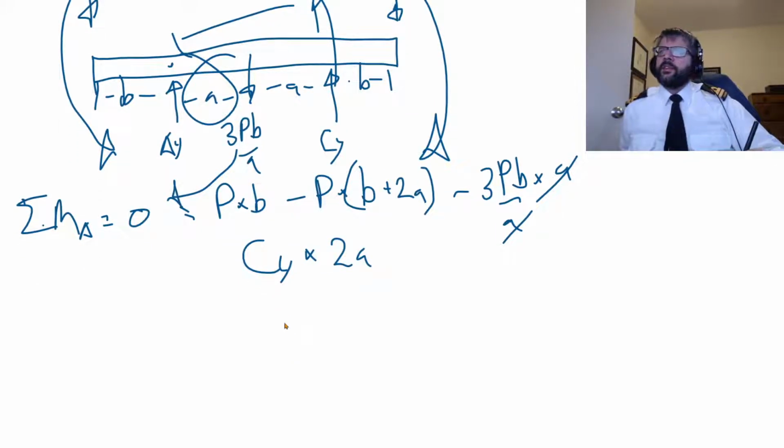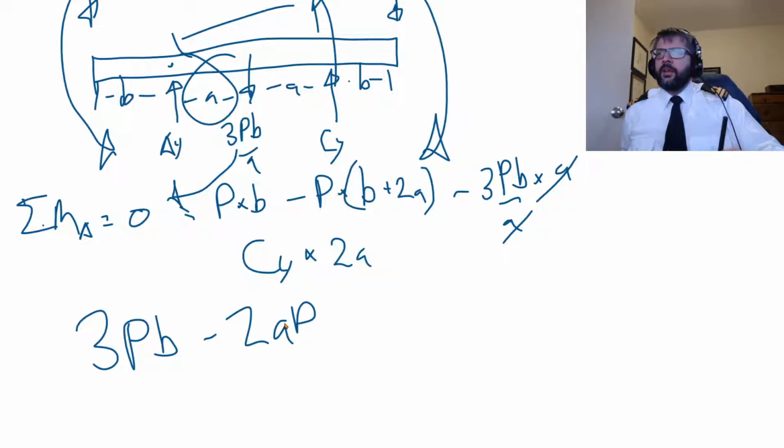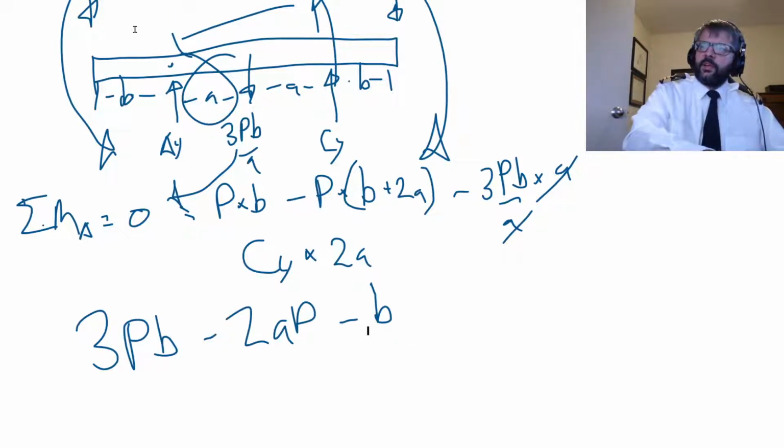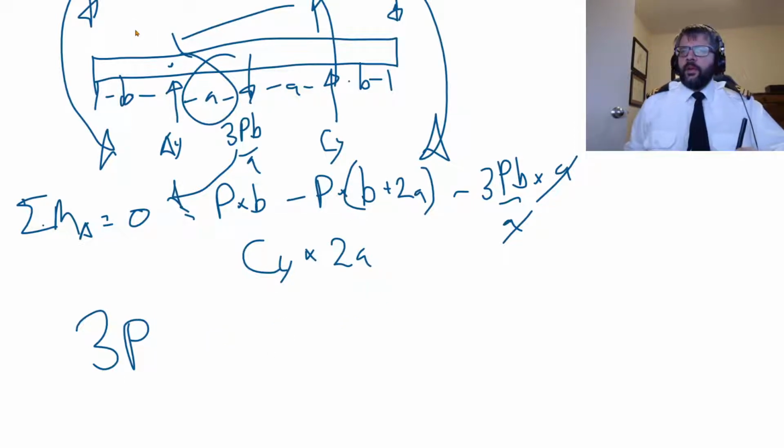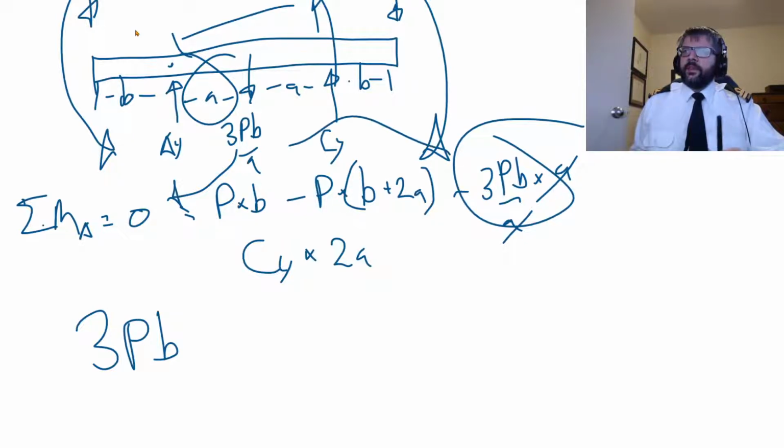So, okay, solving for Cy. 3PB gets added over to the other side because it's negative on this side, and then these terms also get added over because of the negative sign there.